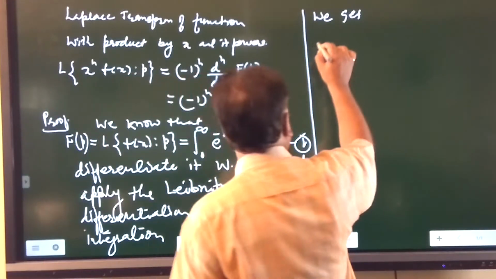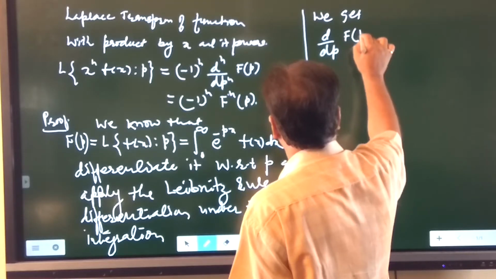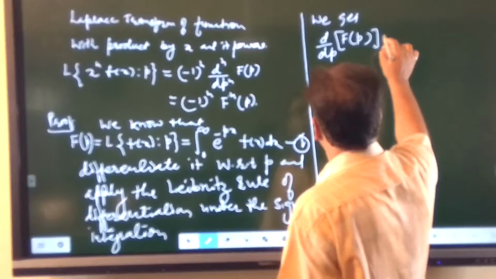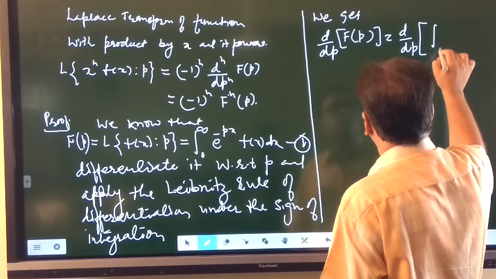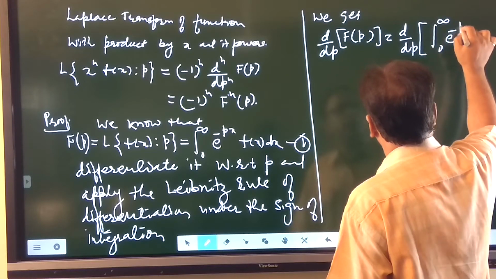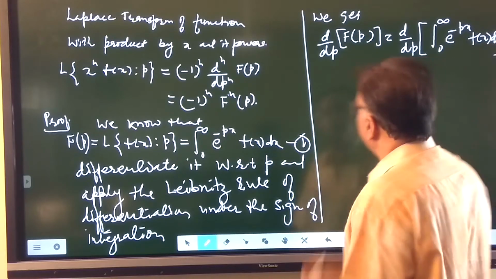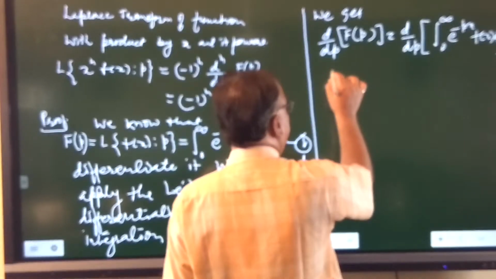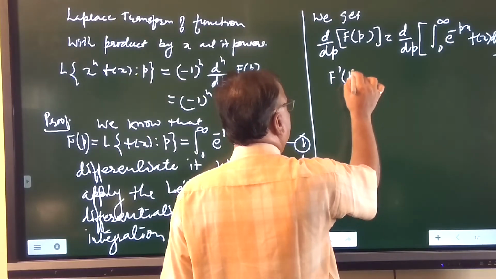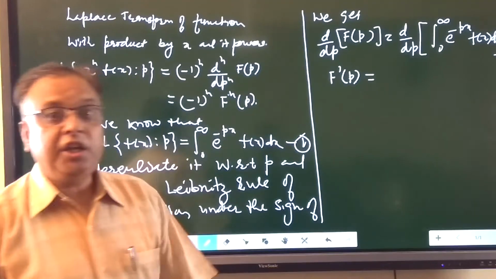So we differentiate d by dp of F(p), which is equal to d by dp of integral 0 to infinity e raised to minus px f(x). As we know, the differentiation of F(p) is F dash p. So F dash p is equal to the differentiation of the integral.